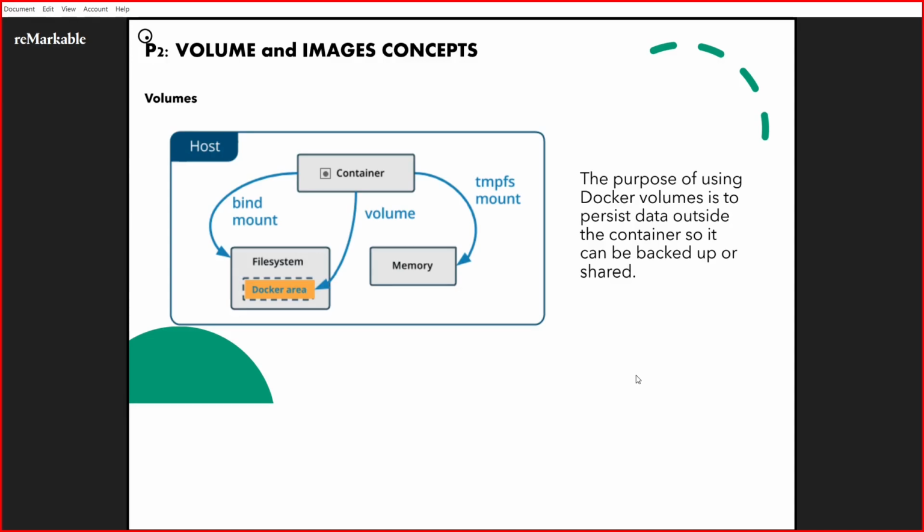We have different types of volumes. Bind mount, where you just mount a directory or a file to your container. We have volume, where you first create a volume with Docker, then assign it to your container and use it.